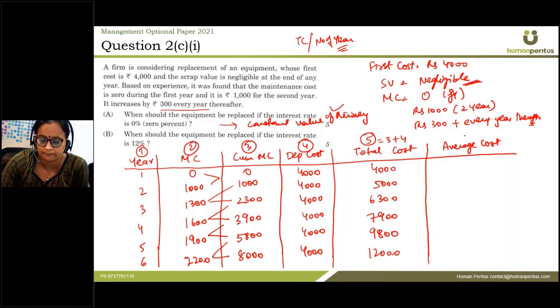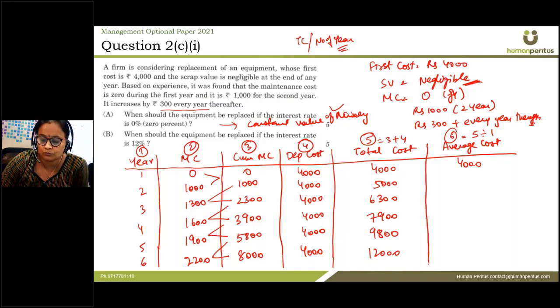The sixth column would be obtained by dividing the values obtained at column 5 by the value of column 1. So 4000 divided by 1, we'll be getting 4000, right?